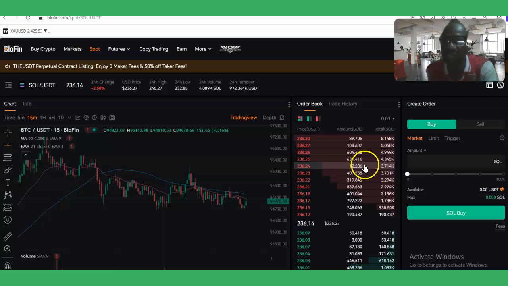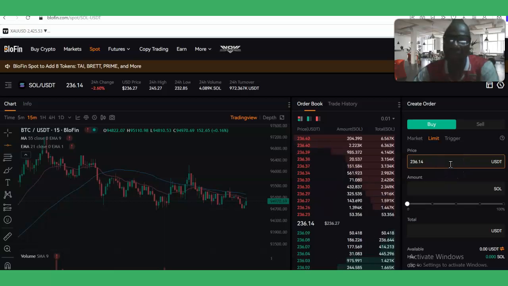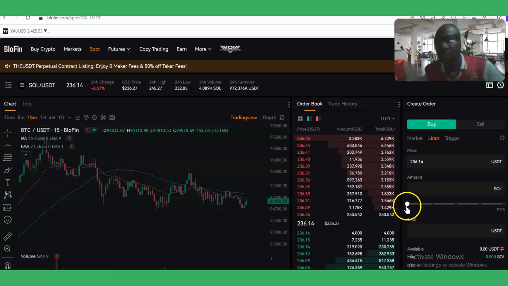So what it means is you place your limit order. This is price. You place the price of where you are buying, which is here. You place it here, and this is the percentage you are buying.